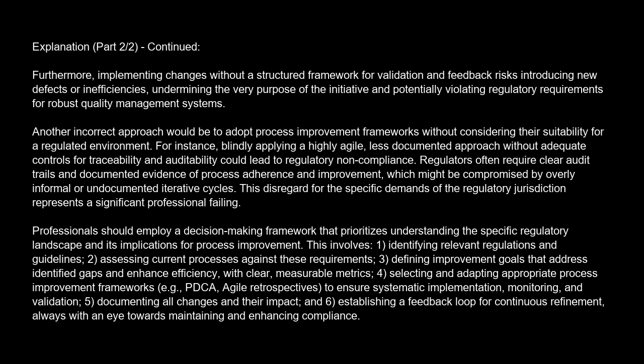Selecting and adapting appropriate process improvement frameworks, e.g., PDCA, Agile retrospectives, to ensure systematic implementation, monitoring, and validation. 5. Documenting all changes and their impact. And 6. Establishing a feedback loop for continuous refinement, always with an eye towards maintaining and enhancing compliance.